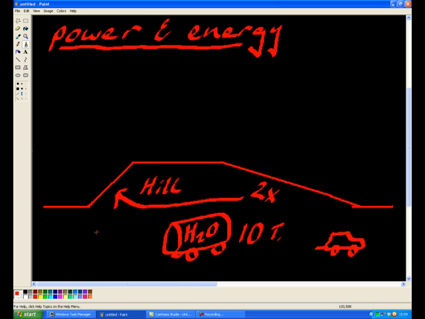Or else you could attach it to, let's say, a lorry, something like this, something much bigger, something much more powerful, right? So there's a nice powerful lorry, and you could attach it to the lorry, and you could bring it up this slope, right?